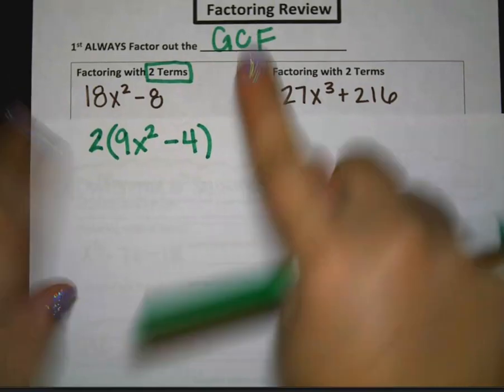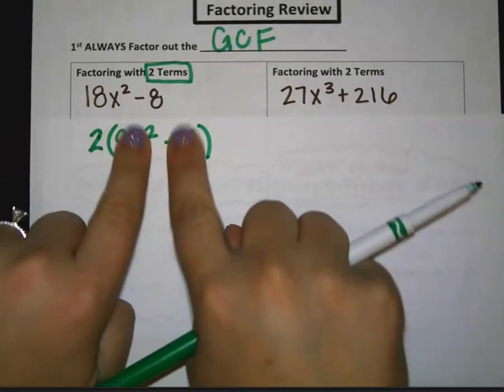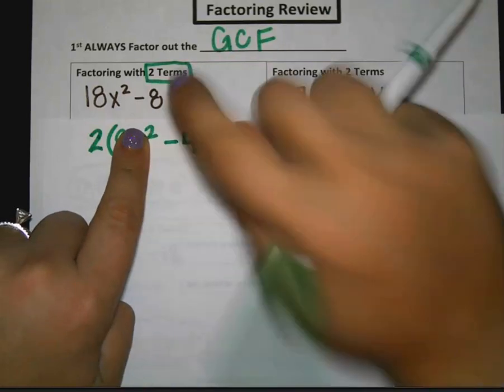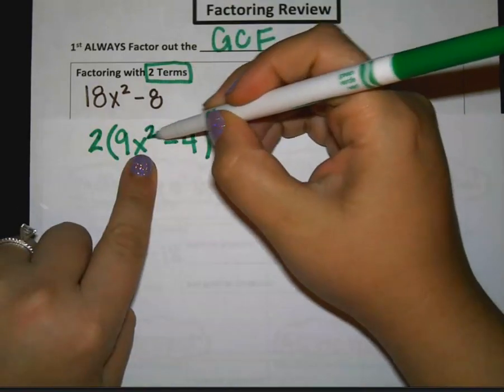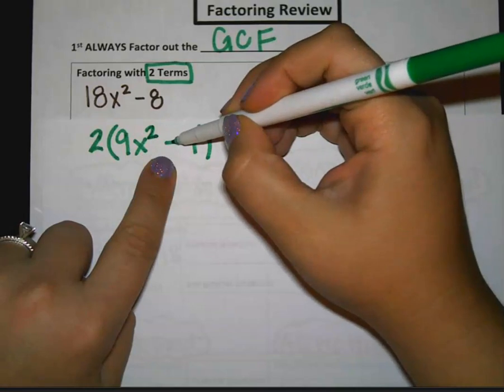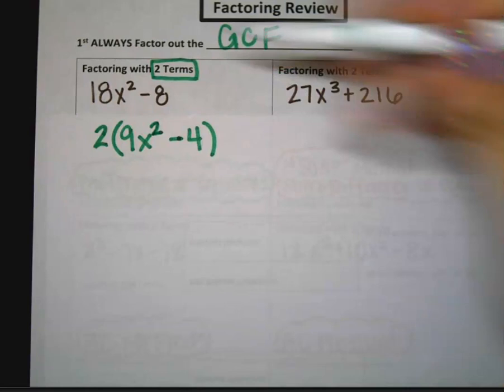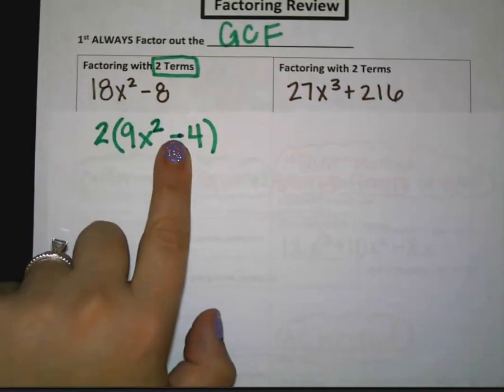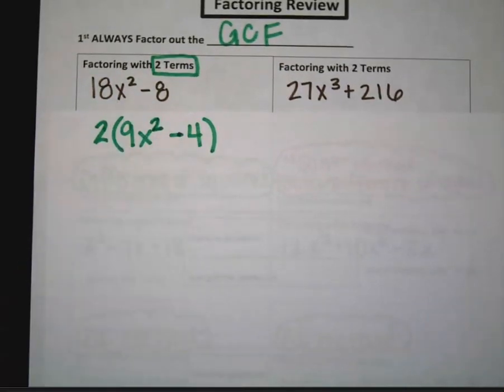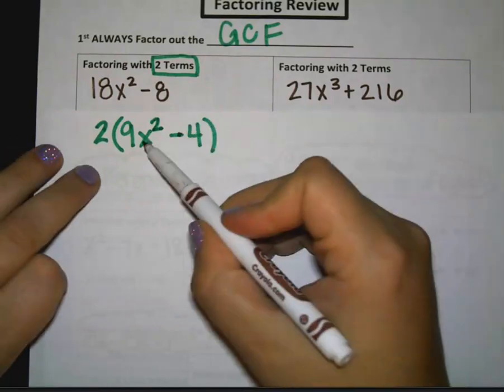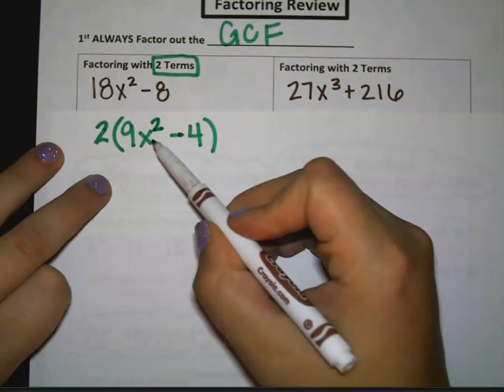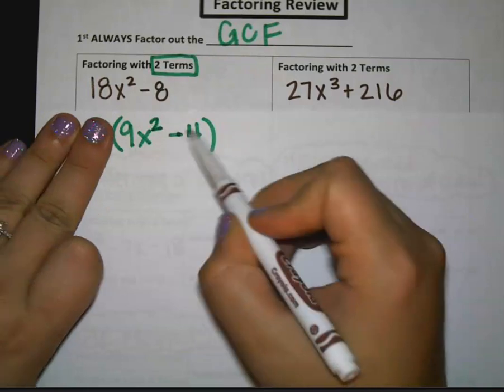Then you ask yourself how many terms, and there are two terms here. So when there are two terms and the exponent is 2 and there's a minus, most likely it's a difference of two squares. So when there's two terms and a minus, one thing you should try is to see if there's anything squared, or anything times itself, that makes the first term and the second term.